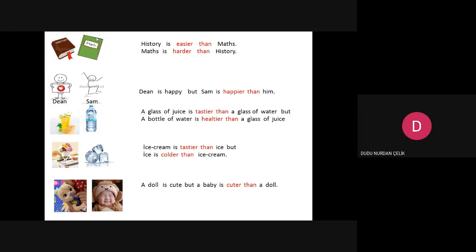Yes, maybe. History is easier than maths, but we can also say math is harder than history too. Easier than, harder than. We compare two things, two objects, two lessons.